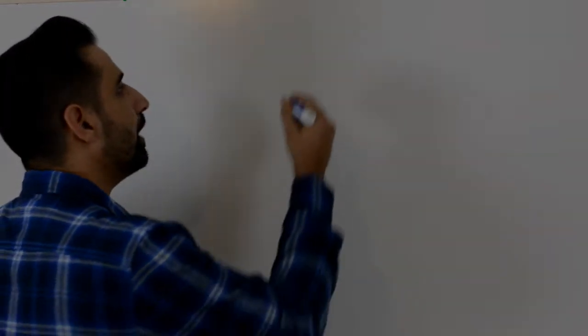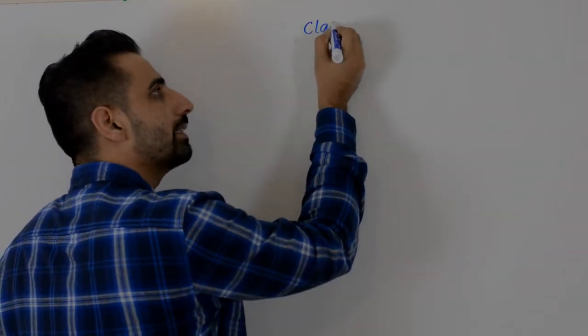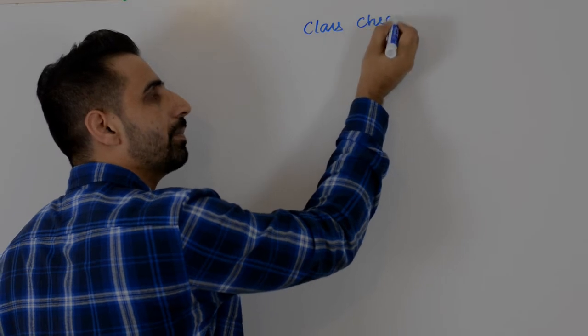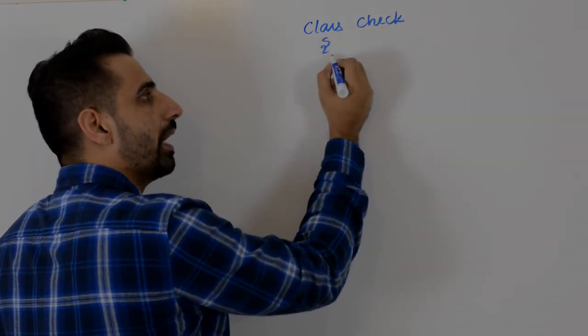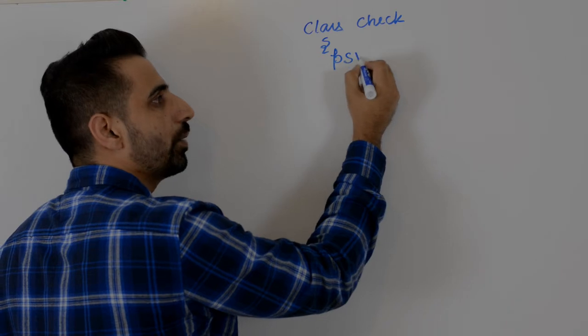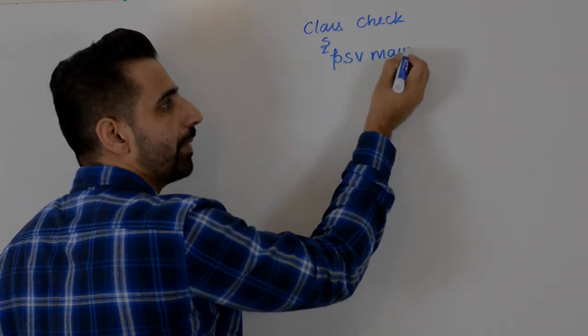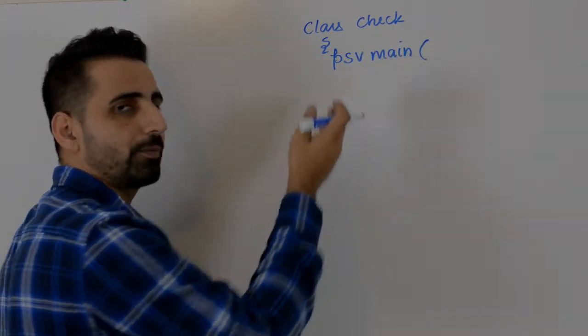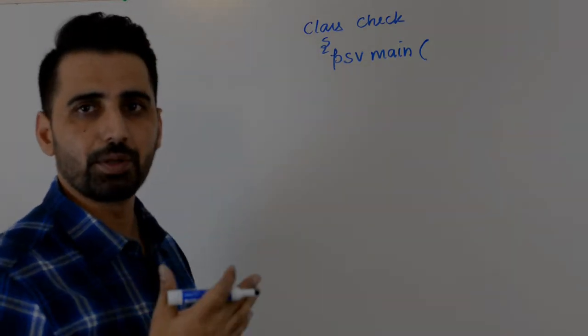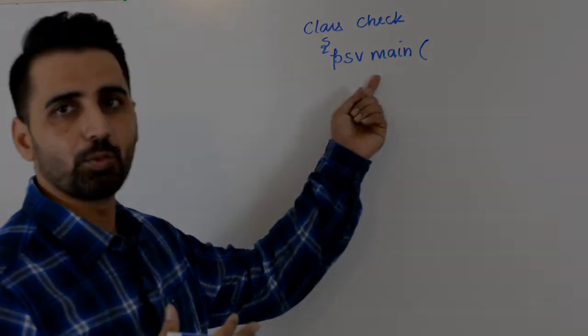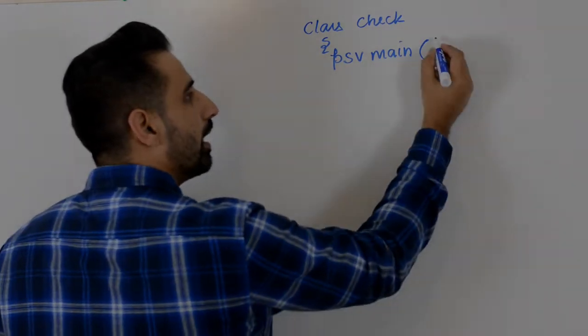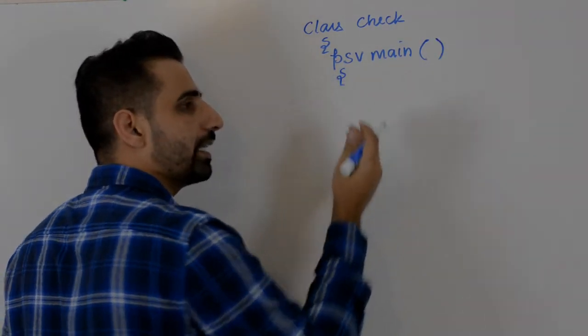For that, we have to write down a class. Let me write the program Check, and then we write public static void main. I'm writing a short form, but when you type on the computer, we have to write public static void and then main. And I'm not getting a value from a user.